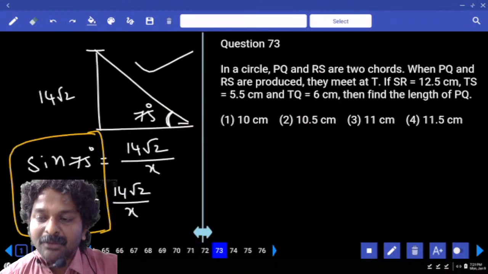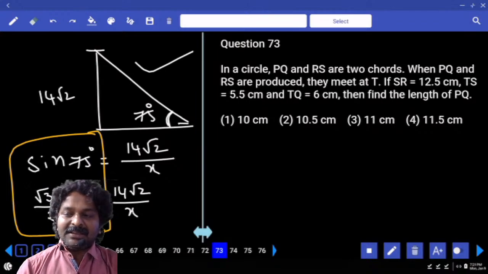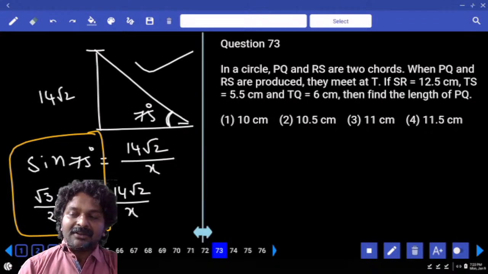In a circle, PQ and RS are two chords. When PQ and RS are produced, they meet at T. If SR is equal to 12.5, TS is equal to 5.5, TQ is equal to 6, find the length of PQ.